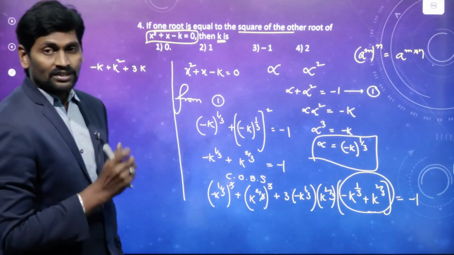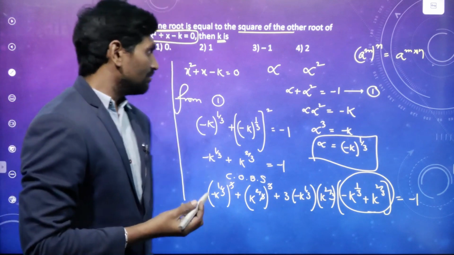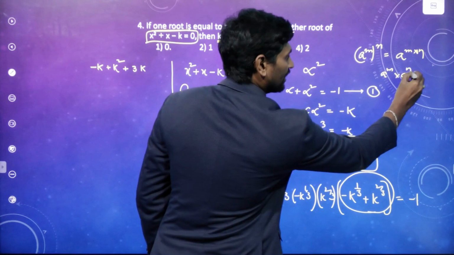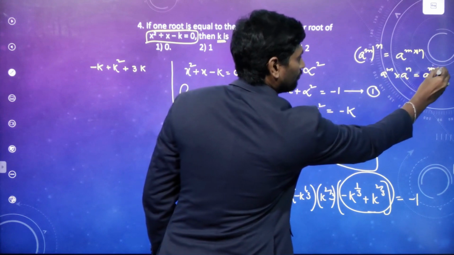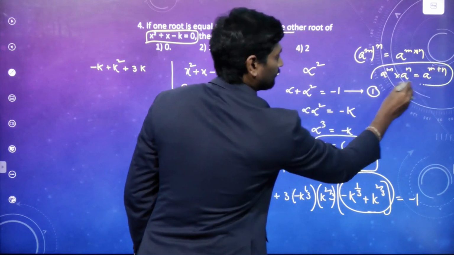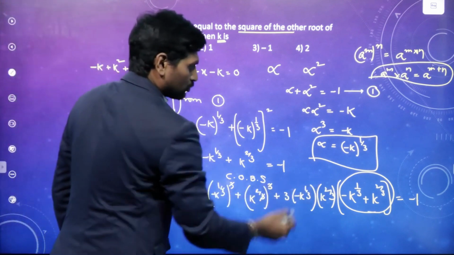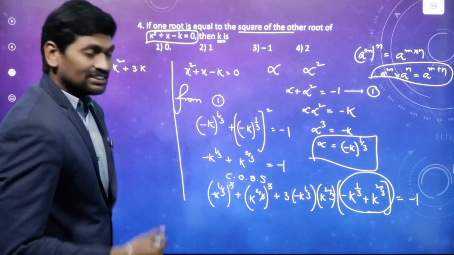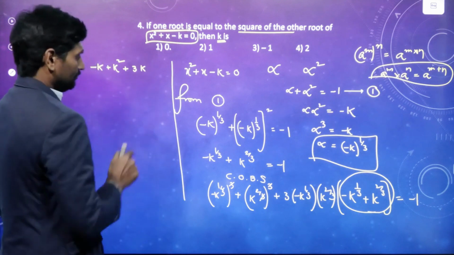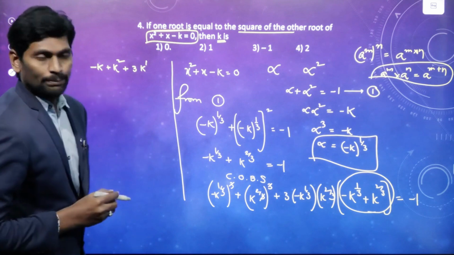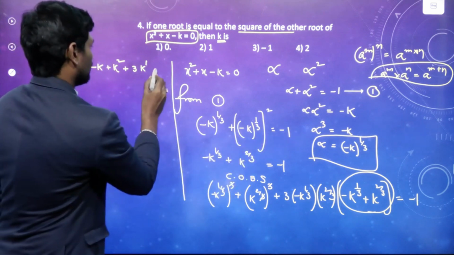Bases are the same, so we can add the exponents using the formula a power m into a power n is a power m plus n. So 1 by 3 plus 2 by 3 is 3 by 3, which is 1 only. So 3 into k power 1, that equals minus 1.